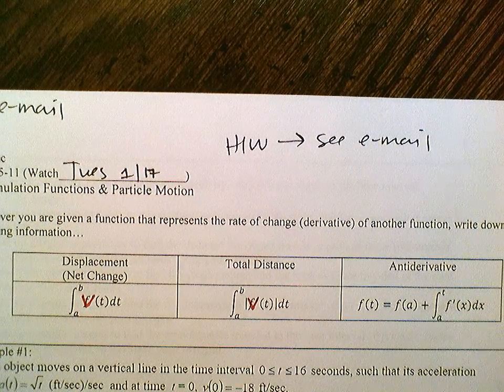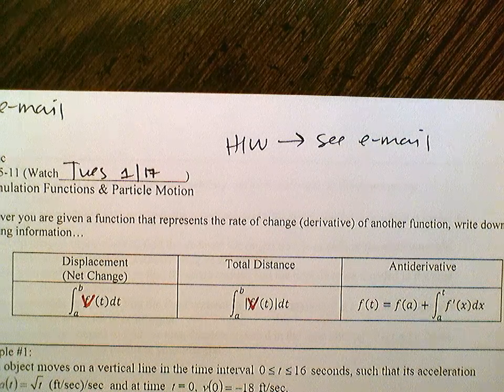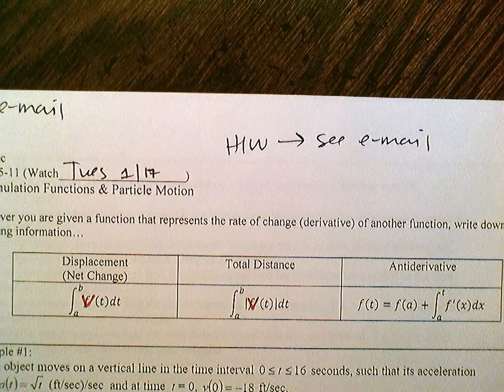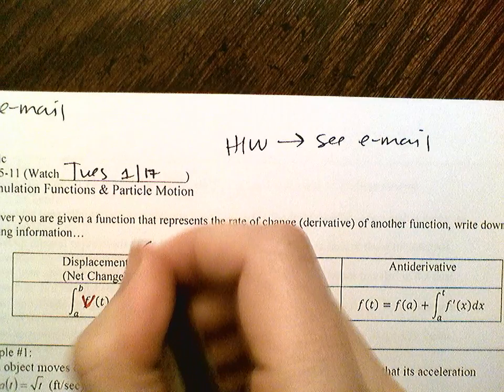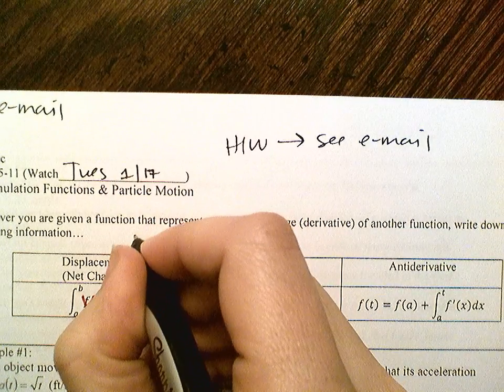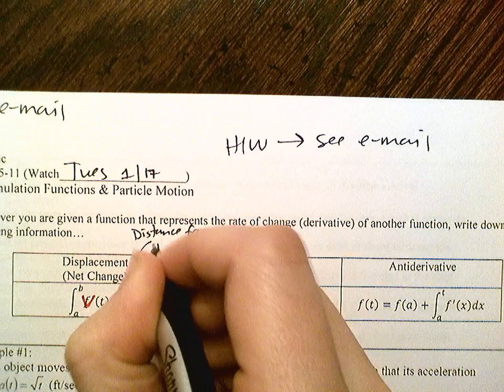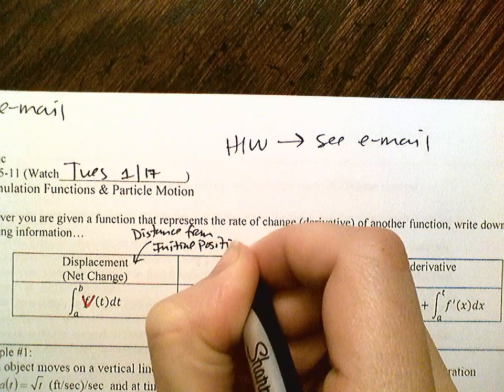Displacement, sometimes called net change when you're not dealing with a velocity or acceleration sort of problem. For our purposes today, this is the distance from the initial position.